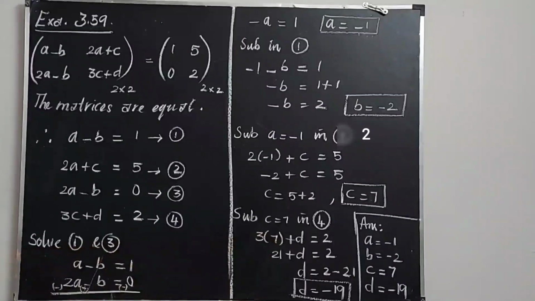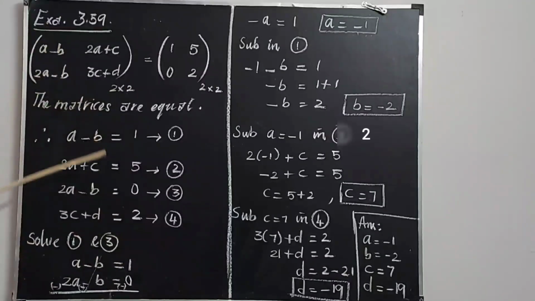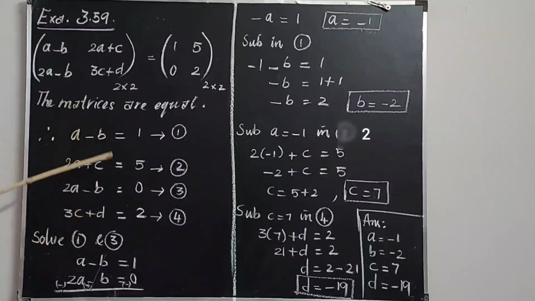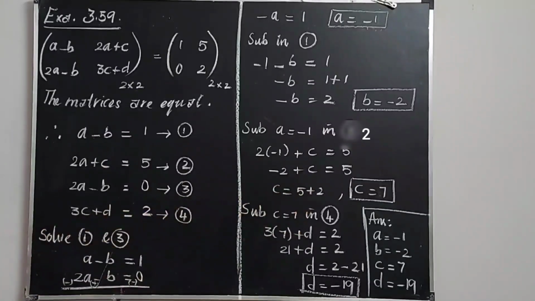In the place of C, substitute 7. So 21 plus D is equal to 2. D is equal to minus 19. So by equating the corresponding elements of the given equal matrices, we got 4 equations. By eliminating and substituting the variables, we can get the values of A, B, C and D.